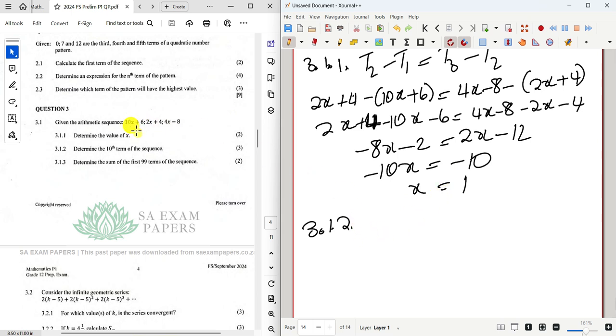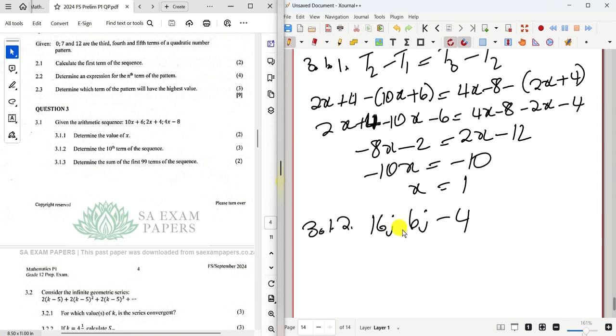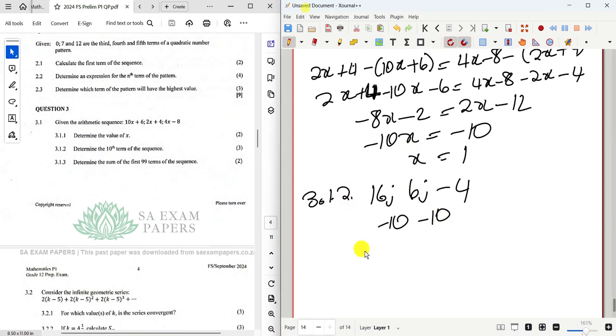So this means we have 10 times 1 is 10 plus 6 is 16, followed by 2 times 1 is 2 plus 4 is 6. And then 4 times 1 is 4 minus 8, it's minus 4. So 6 minus 16 is minus 10. Do you guys see this? It's minus 10. Remember, it was arithmetic, right?